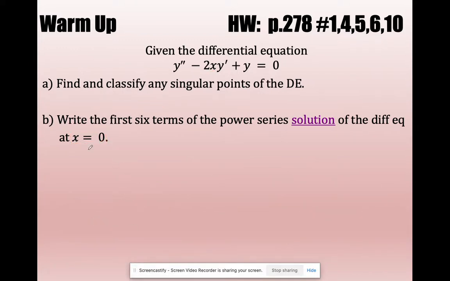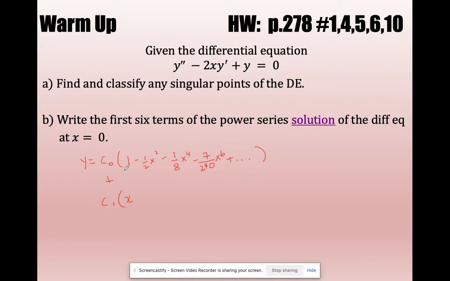What I ended up with was y is equal to c sub 0, plus all the functions in front of c sub 1 ended up being x.